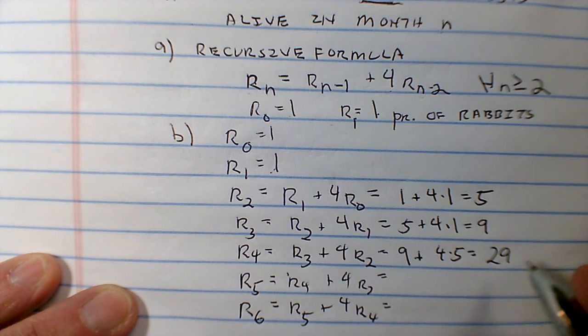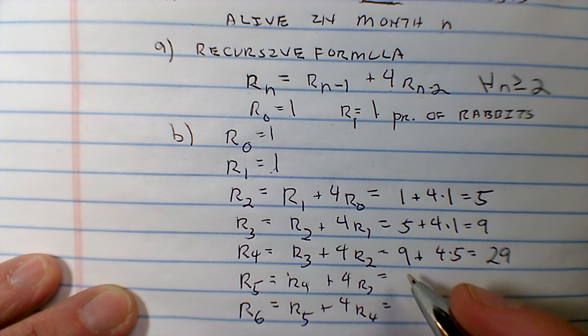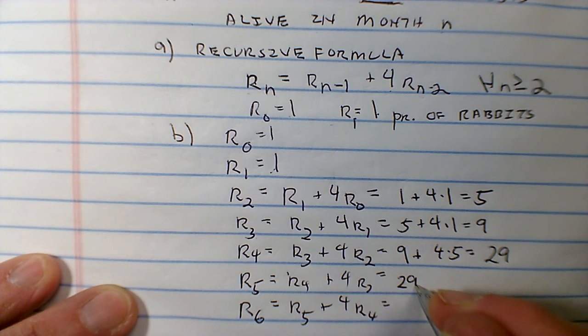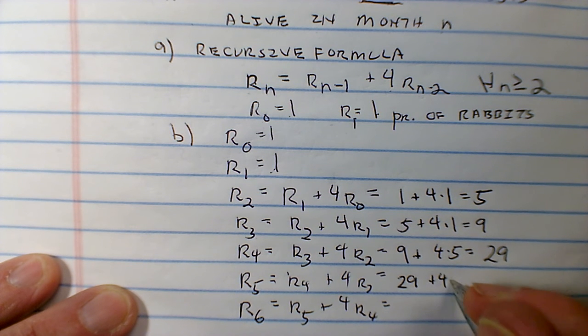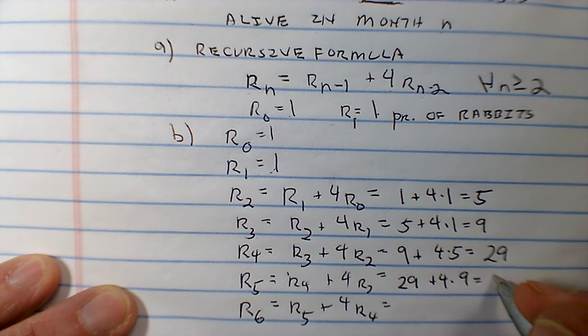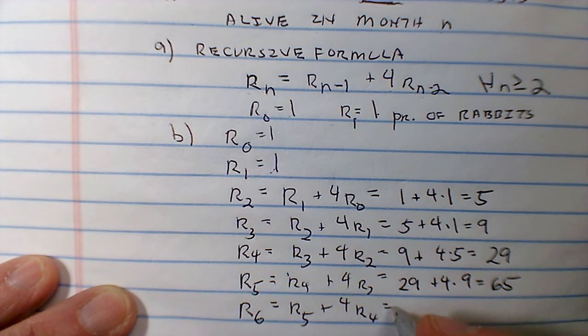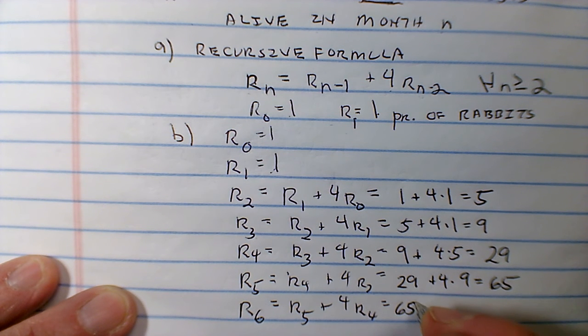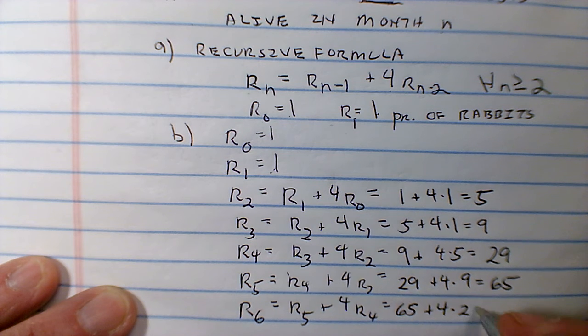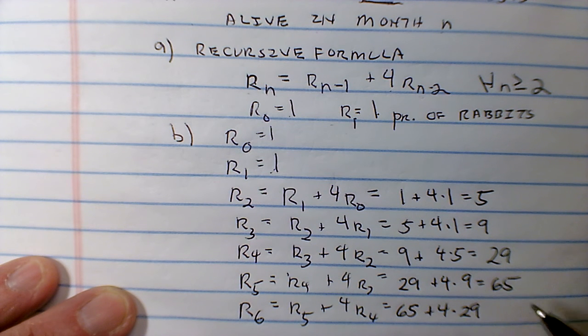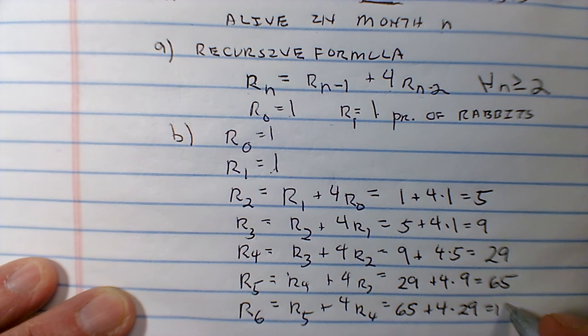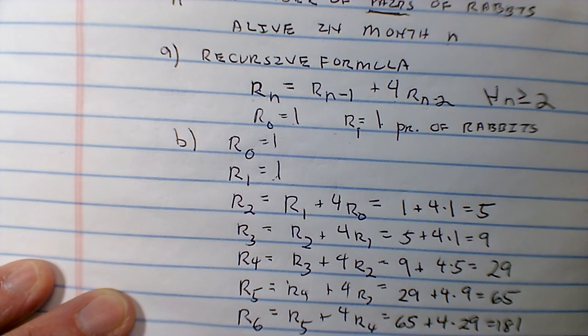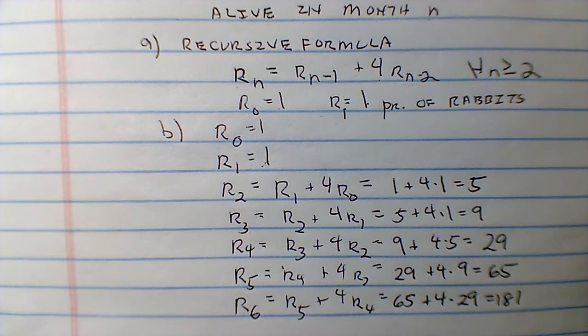We do that, we get 29. The next one's going to be those 29 plus 4 times 9, which is equal to 65. The next one is going to be 65 plus 4 times the 29, which is what we had 2 ago, which makes it 181. And so those are the values through R sub 6.